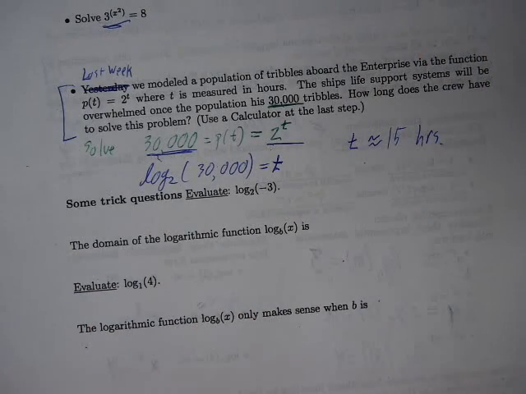Maybe it's important to note that if time gets to 15 hours, then you've already lost because it happens at 14.87 hours. So that's kind of surprising, right? If we have a quantity that's doubling every hour, it still only takes like 15 iterations to exceed 30,000.